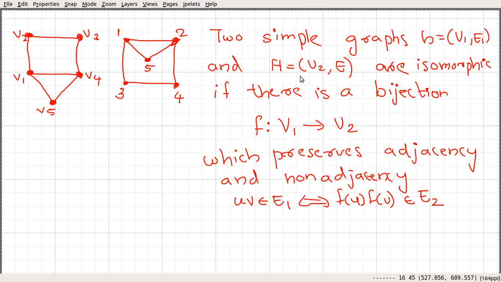So this is the definition of graph isomorphism. Two simple graphs G and H are isomorphic if there is a bijective map F from the vertex set of V1 to the vertex set of V2, which preserves adjacency and non-adjacency. We denote this by a little notation.